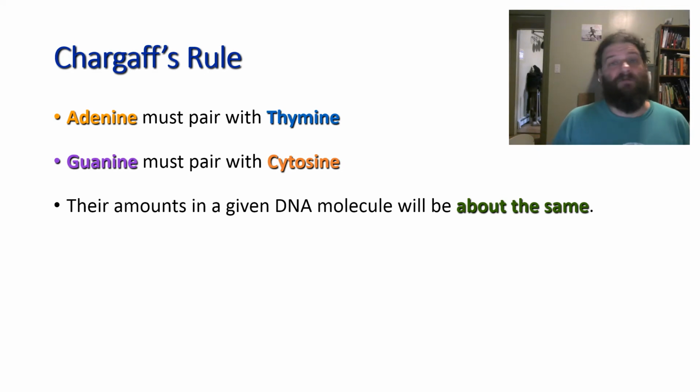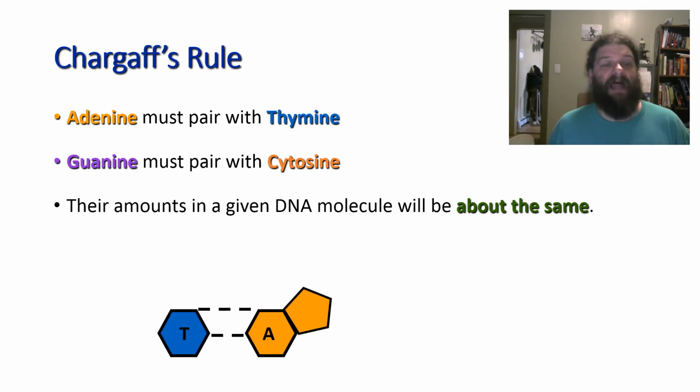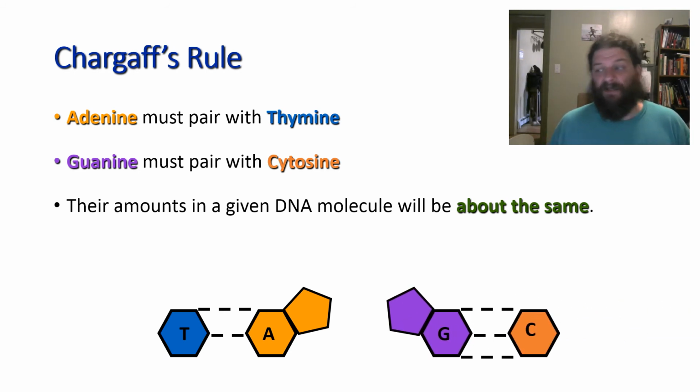And it didn't matter what he took it from, he always had the same ratio, equal amounts of adenine and thymine, as he had guanine and cytosine. Didn't matter what organism. And so this led to Chargaff's rule that T's always bond with A's, thymine and adenine always bond together, and guanine and cytosine always bond together.